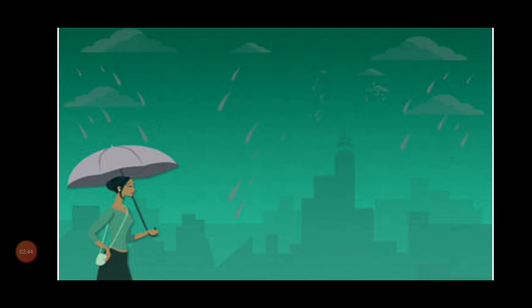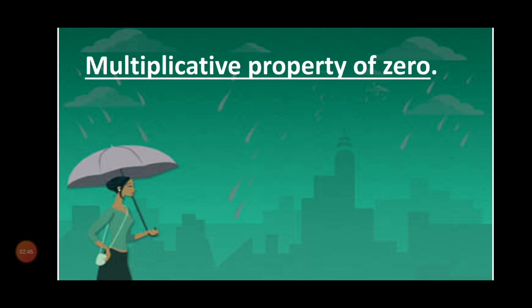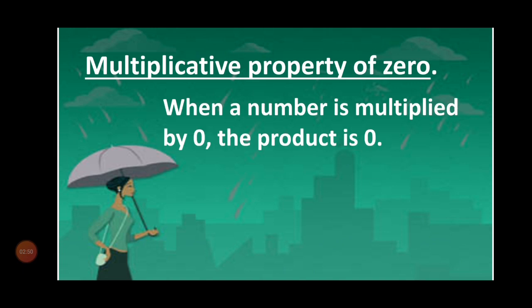Now you see here, that is multiplicative property of 0. When a number is multiplied by 0, the product is 0. Already we know that any number we multiply by 0, we will get 0 as the answer.